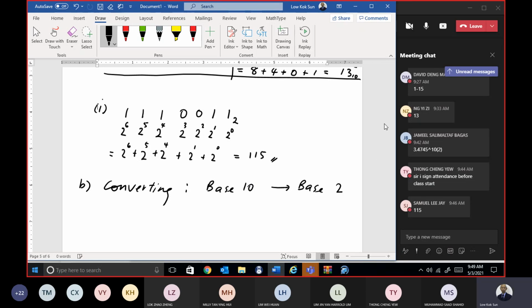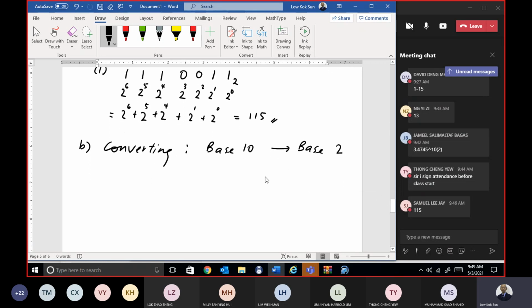So how to do that? We only want to do it once, then you understand what to do for the others. We can also change to base 8 later on, and base 16. They are the most popular ones.